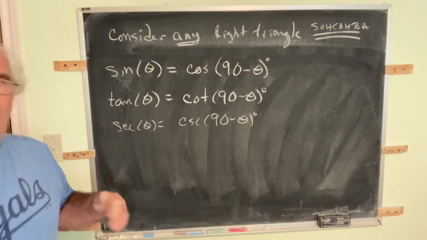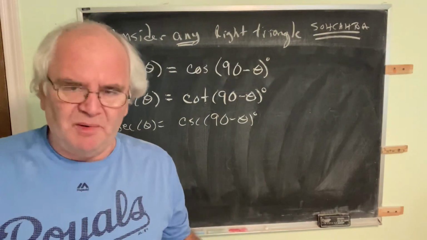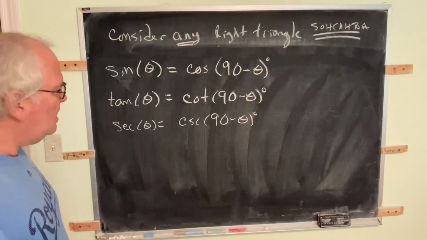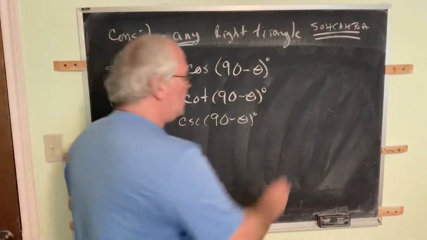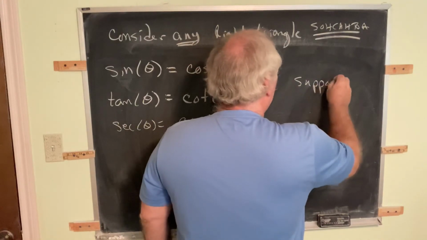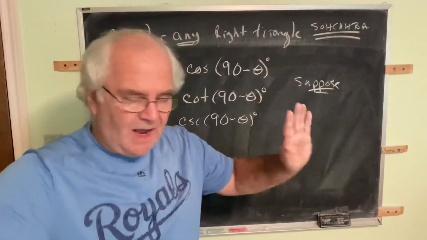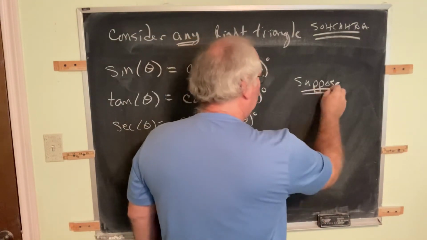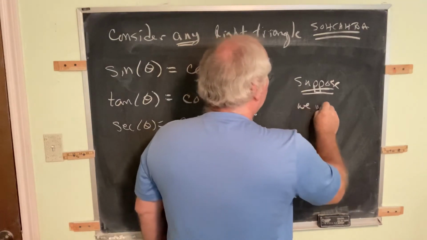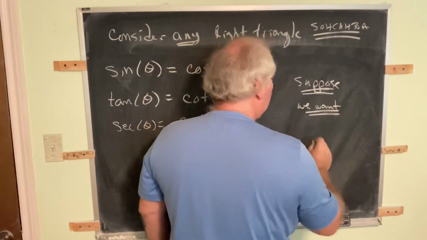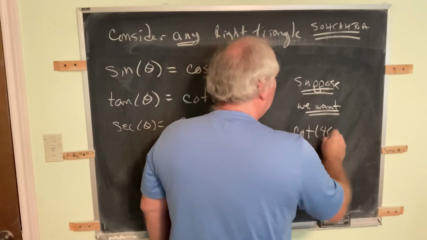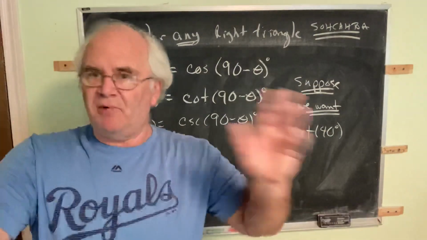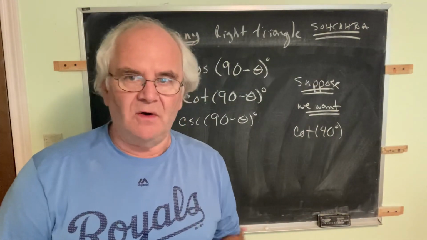Now, there are several places this comes into play. But one place this might come into play is this. Suppose we want cotangent of 40 degrees. Suppose for whatever reason we're working on some project and we need cotangent of 40 degrees.